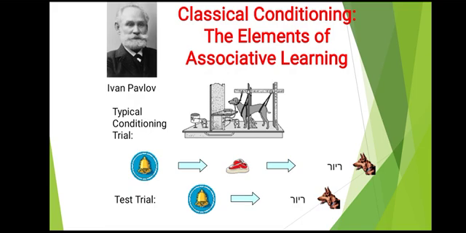Why did it do this? Because an association had now been made in the dog: the ringing of the bell means now I am going to eat the food. So after some trials, when the bell rang, the dog immediately produced saliva.